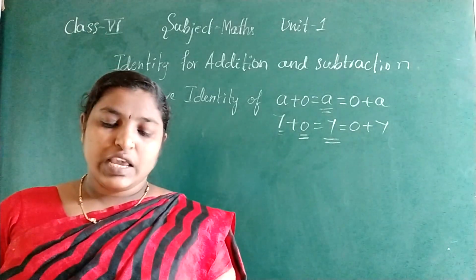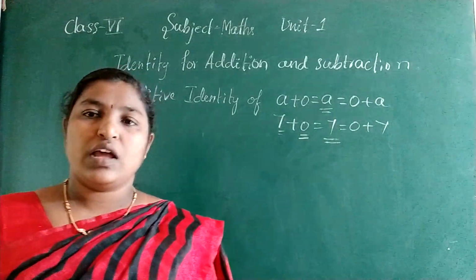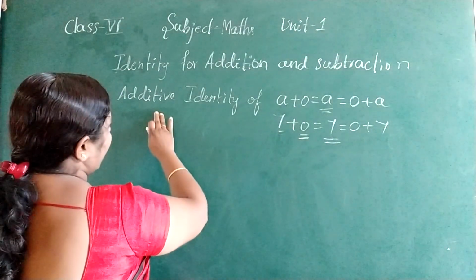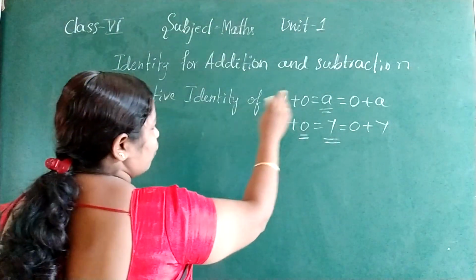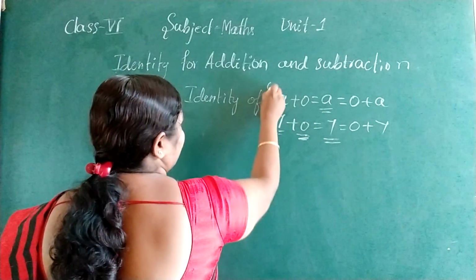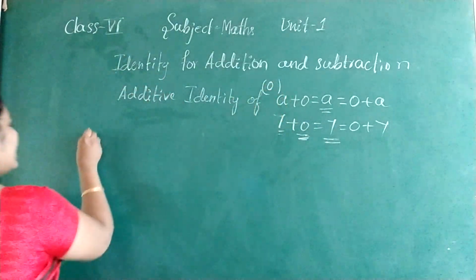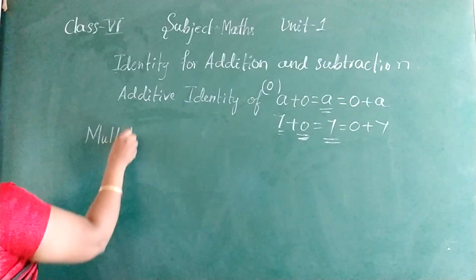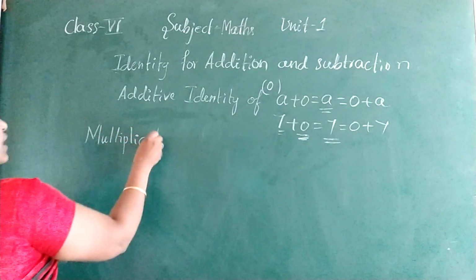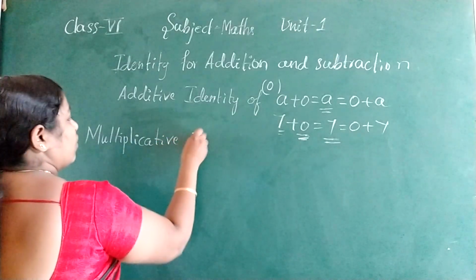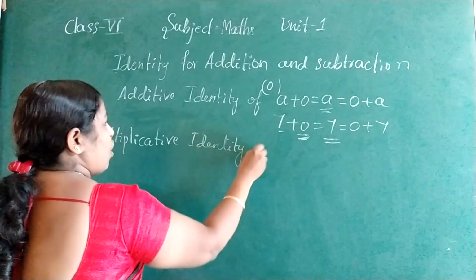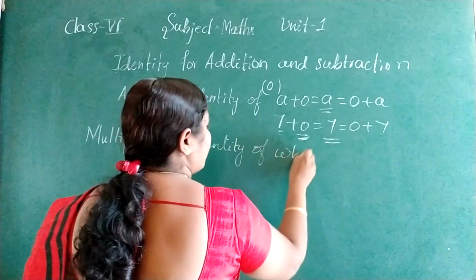Similarly, there is the multiplicative identity. Just as the additive identity of whole numbers is 0, let us look at the multiplicative identity of whole numbers.